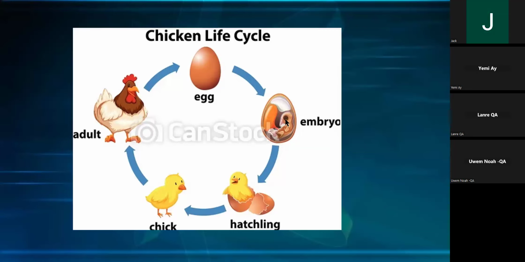Then later on, after a few days, it will hatch. That chick is trying to come out, so it will break the egg. Then it turns into a small chick. By the time it's eating, it will turn into an adult, then a chicken. So this is the life cycle of a chicken.